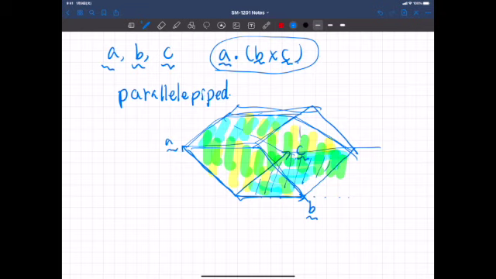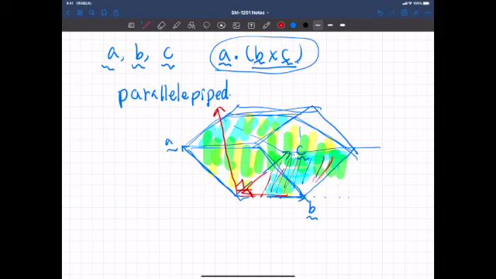Okay, how is it so? So B cross C is the area of this face, right? And also this cross product points in this direction, that is perpendicular to both B and C, right?